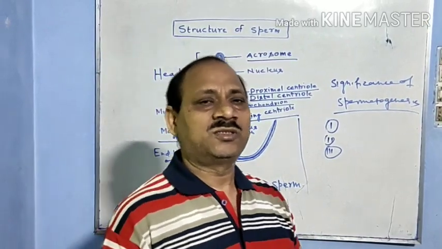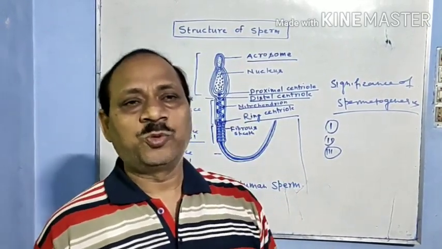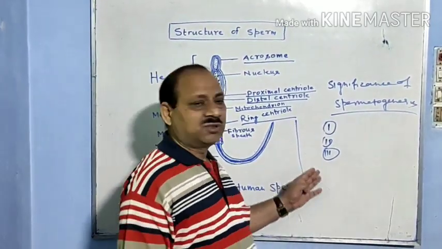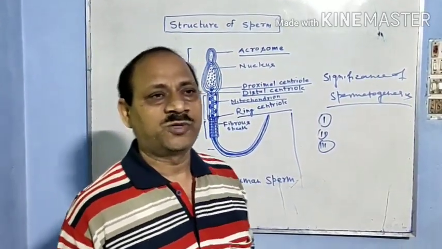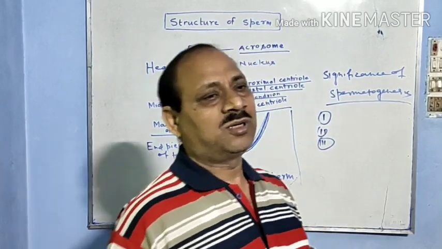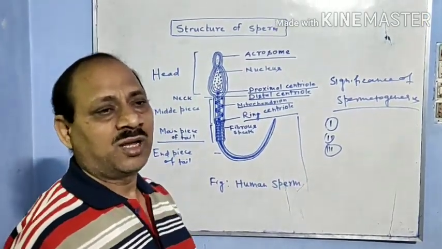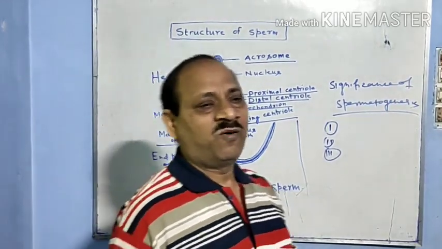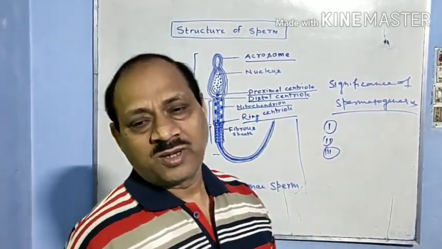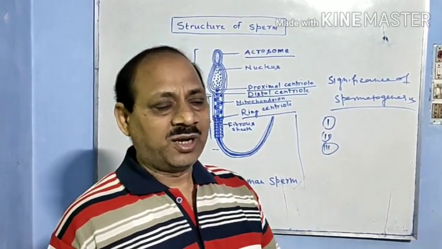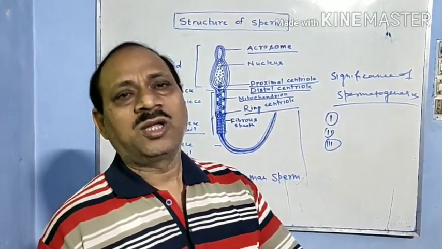In this way, zygote is diploid cell. By this process, the number of chromosomes of a species is maintained. In spermatogenesis, one spermatogonium forms 4 spermatozoa or male gametes or sperms.